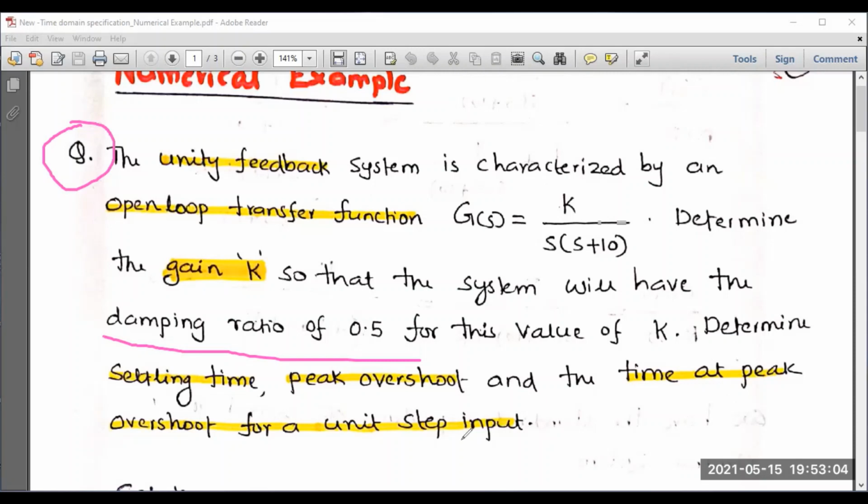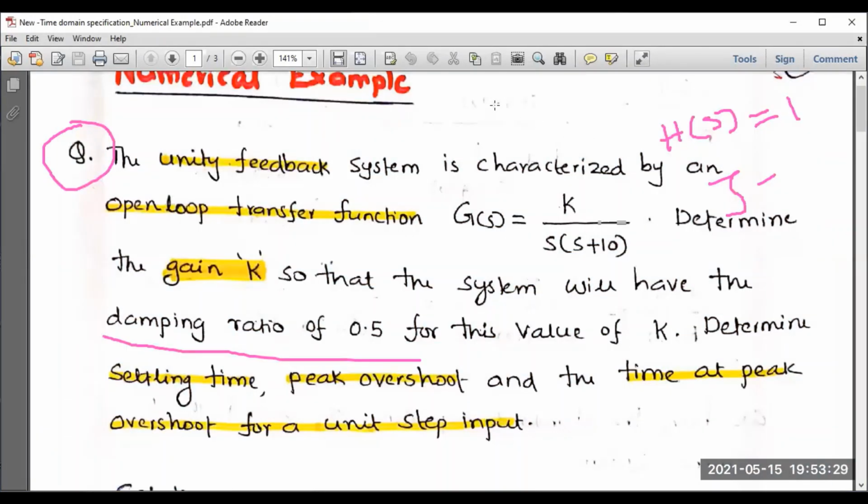What exactly do we need to calculate? We have the open loop transfer function G(s), K divided by s into (s plus 10), and this is a unity feedback system. So H(s), the feedback element, is equal to 1. I would like to calculate K first. They have provided the damping ratio, which is equal to 0.5.